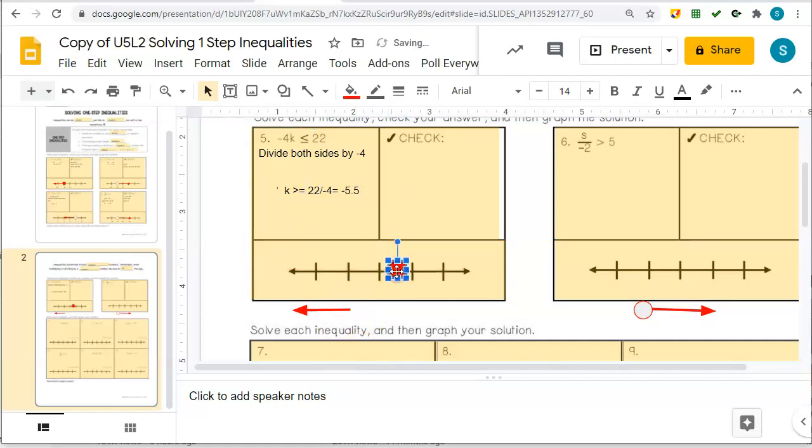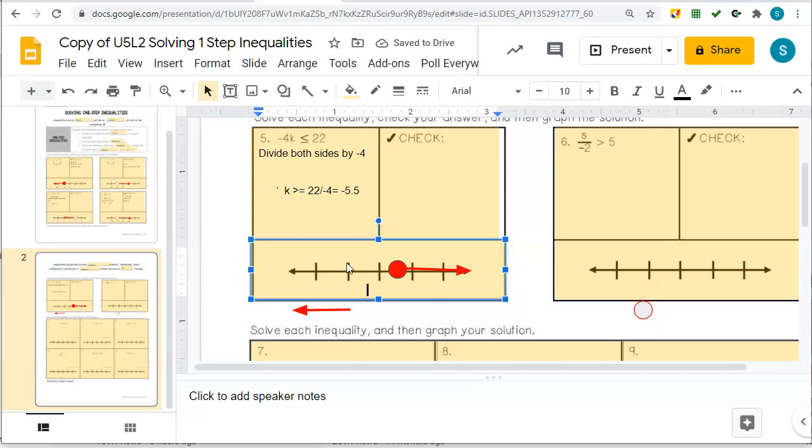We want it halfway between 5 and 6, and then we want numbers that are bigger than that. So we're going to pull this one over here, and then so I can say this is negative 6, this is negative 5, and then negative 5.5 is halfway in between, and then this is negative 4.